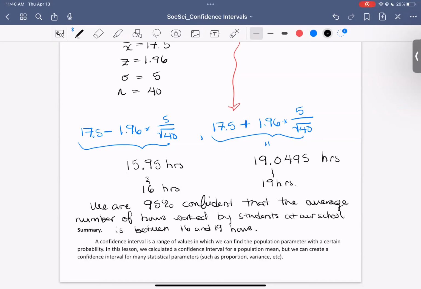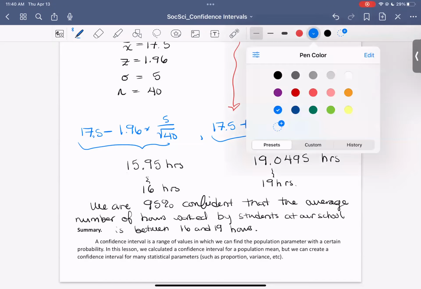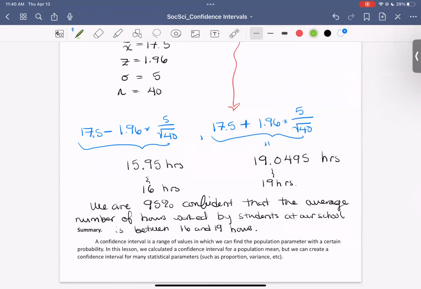All right, nice job. Before we leave, one comment on this calculation. Perhaps you got something slightly different than me here. One thing when you're entering this expression into your calculator, it's really important that you use what's called order of operations. That means we want to do all of our division and multiplication before addition or subtraction. One way to make sure your calculator does that is to use parentheses around this multiplication here.